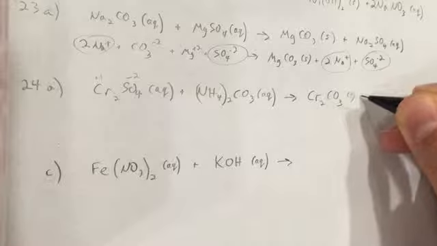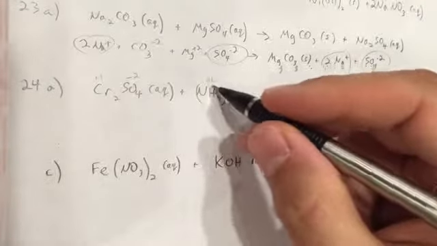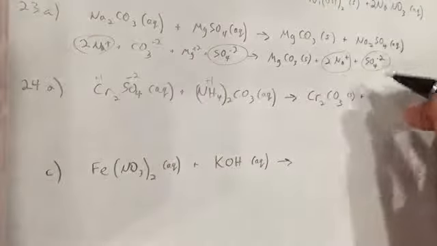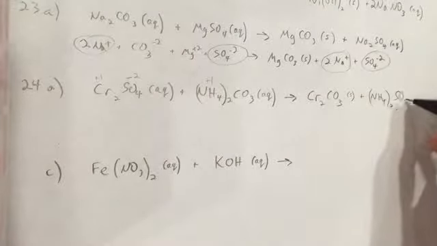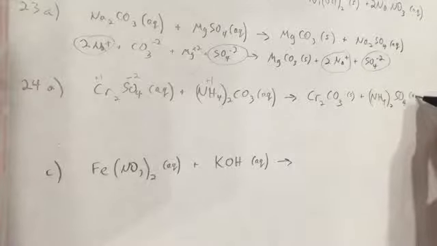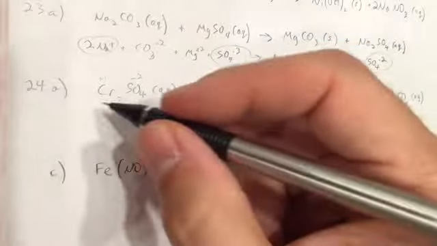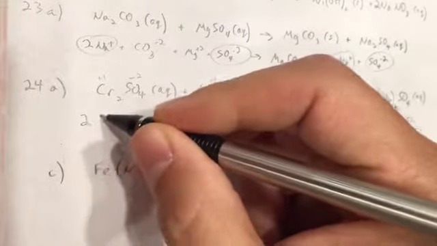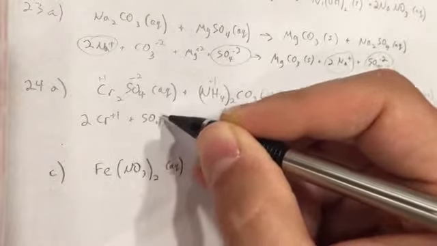It is insoluble. And then NH4, which is a +1 charge on our famous ion sheet, is going to bond with sulfate. And that is aqueous. So if we break up all of the aqueous substances, we've got 2 chromiums, a sulfate.